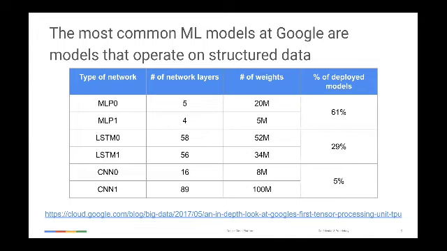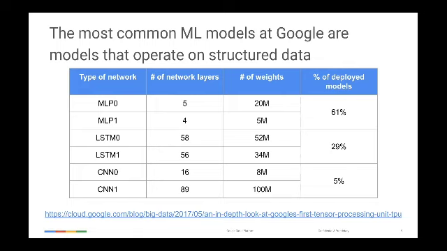Moving on, we'll discuss a little bit about many of the models that are deployed within Google. If you look at the MLP, which stands for multi-layer perceptron, as you can see, the smaller models, which have 20 million weights and are not very complex like a convolutional network or an LSTM, which stands for long short-term memory, those are all adopted to various degrees.